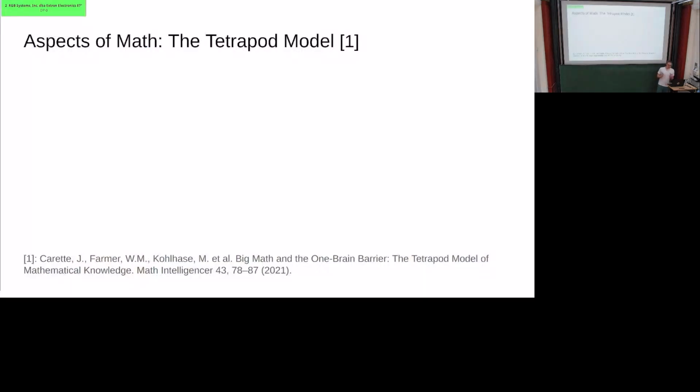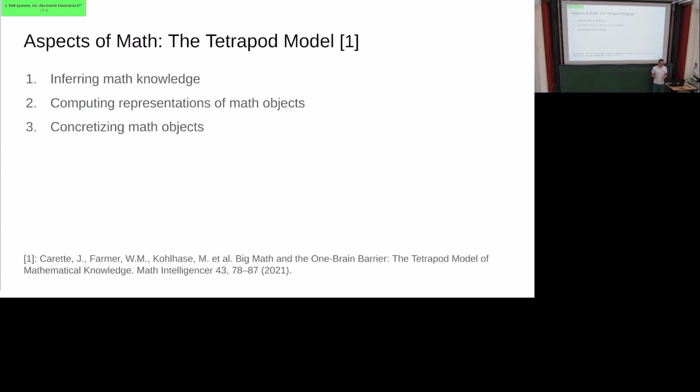And actually, in that paper, you identify the five central aspects of math that need to have computerized support to deal with these kinds of big math problems. Those aspects are inferring mathematical knowledge, computing with math objects, then building concrete instances of abstract math objects, and in particular collecting them and working with collections of them, narrating mathematics, and finally organizing math knowledge.